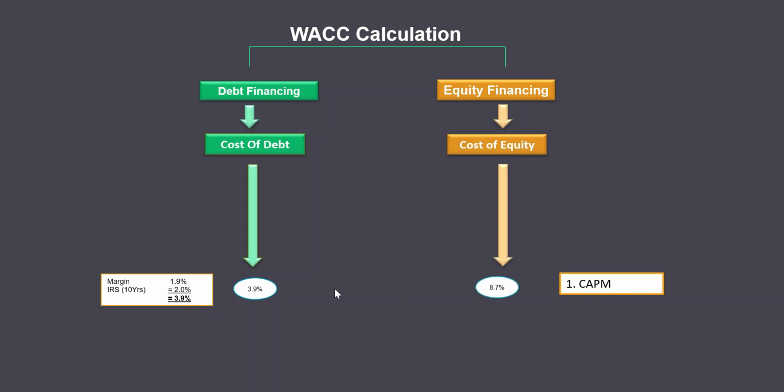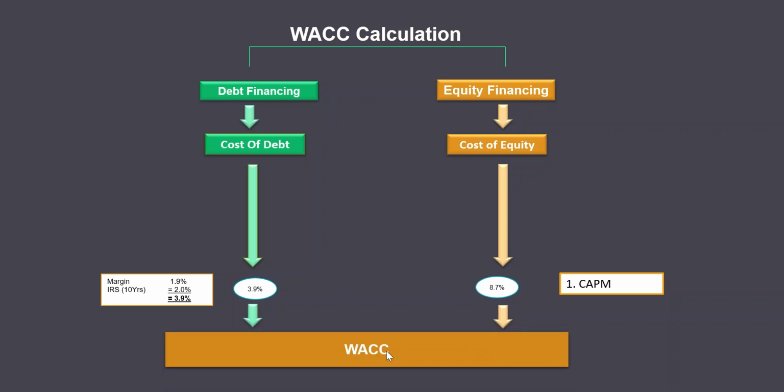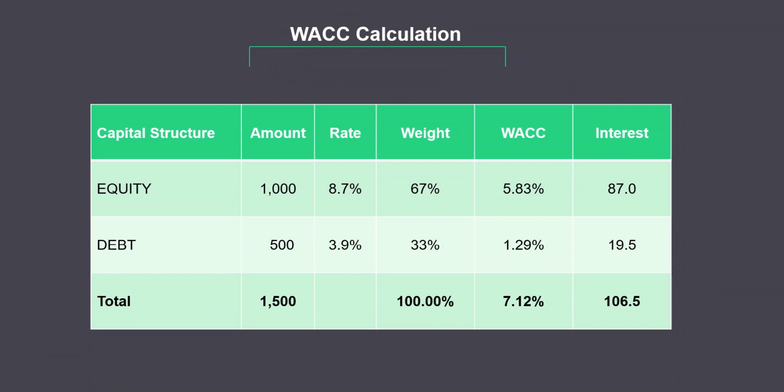By applying these two rates to our capital structure, we can calculate the weighted average cost of capital. Now let's move on to the calculation part. Let's say your capital structure consists of equity capital of 1000 and debt financing of 500. So what is your total capital structure?